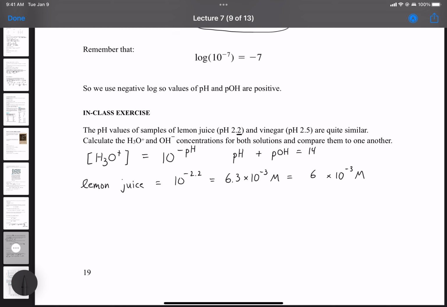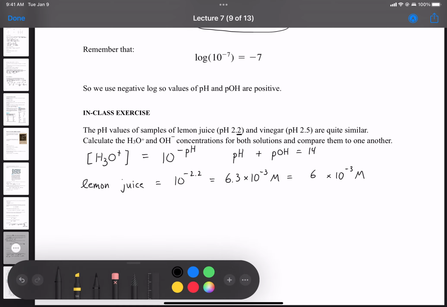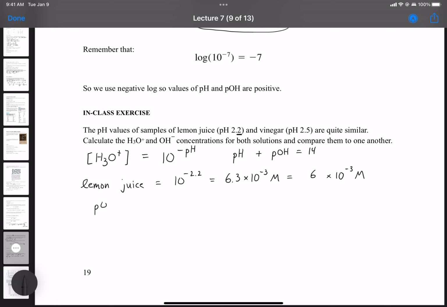I'll show both ways. If we solve for pOH, it equals 14 minus 2.2, so that's going to be 11.8.